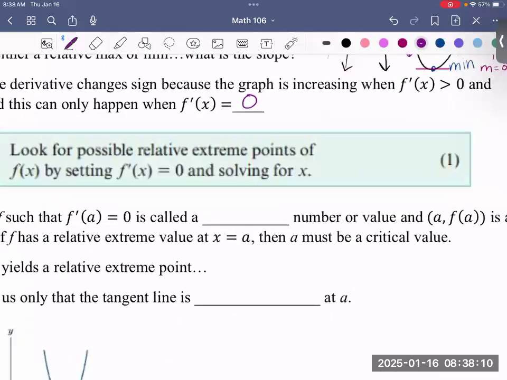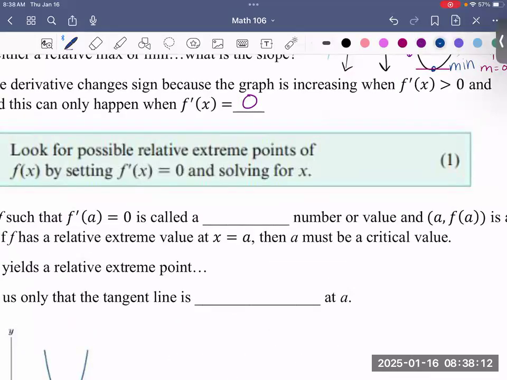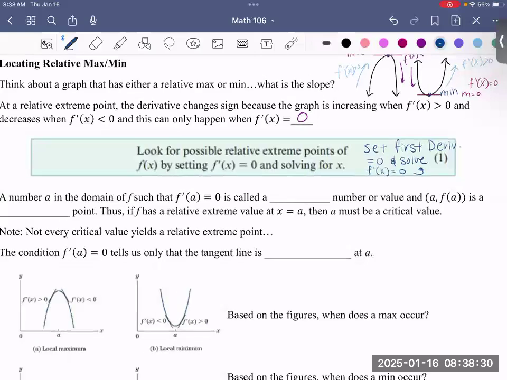All that is just saying is that we can set your first derivative equal to 0 and solve for x. That's all your directions are saying.